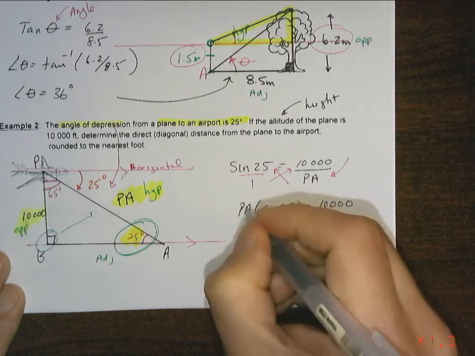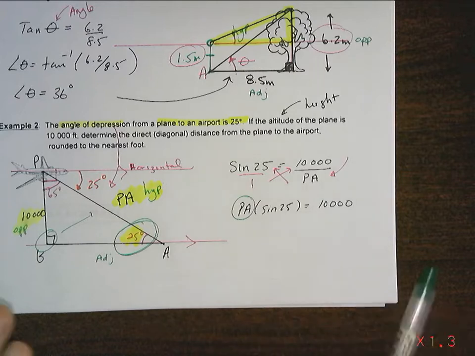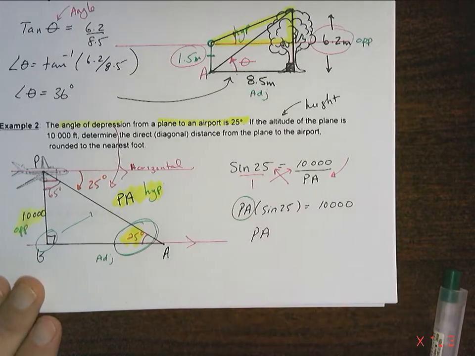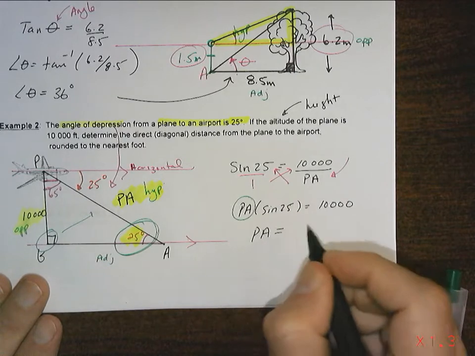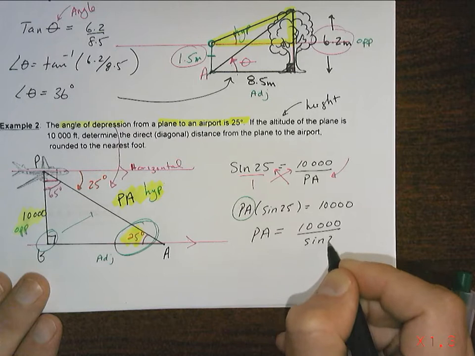Is this all by itself? Nuh-uh. What is the sine 25 doing to the PA? Multiplying. What's the opposite of multiplying? So if I divide by sine of 25, I'm going to be left with PA, right? But to keep the equality, what I do to one side, I have to do to the other side.